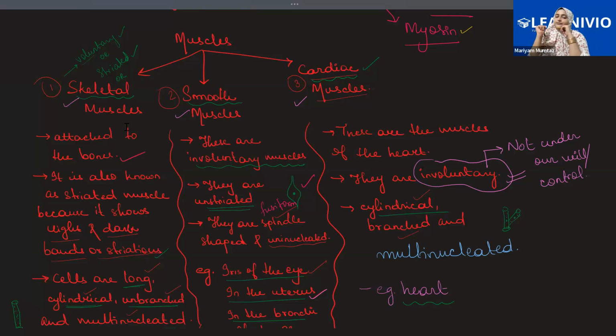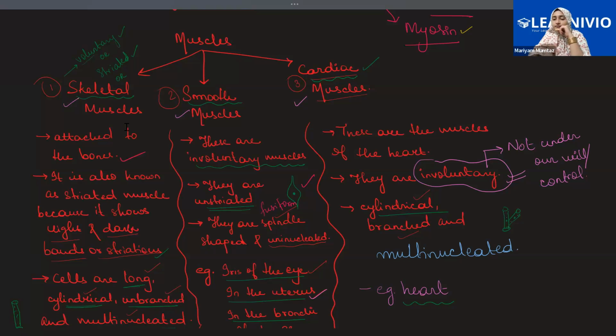Do you need any kind of permission to do these motions? No, ma'am. When you think about them, you can do them. So those kinds of actions that we can do on our own will, whenever we want to, are called voluntary actions.